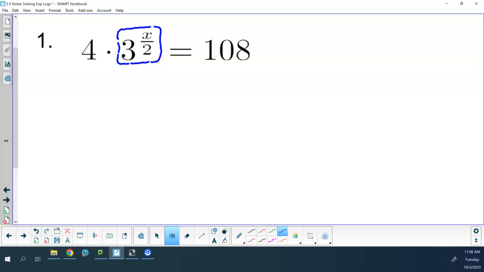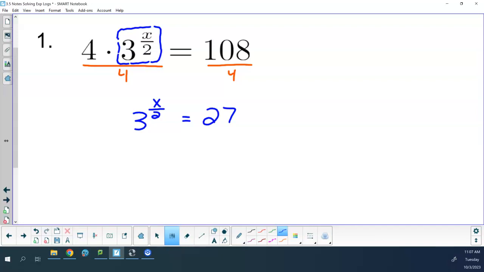So the very first thing that I am going to do is I'm going to divide both sides by 4. When I do that, on the left side, I get 3 to the x over 2 power. And that then is going to equal 27. Yes. 27. Okay.